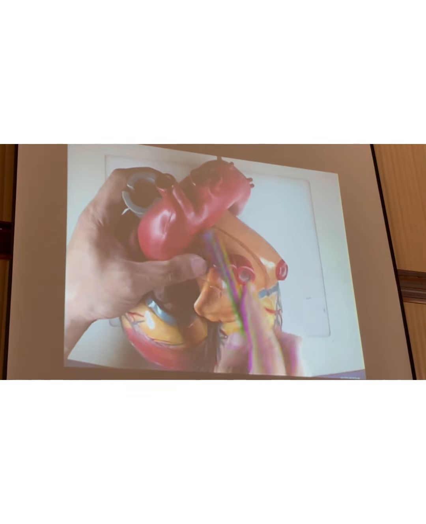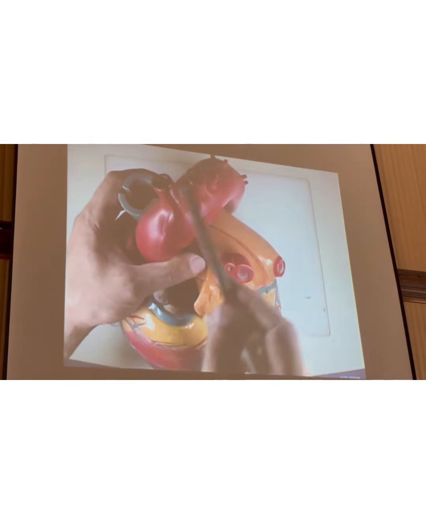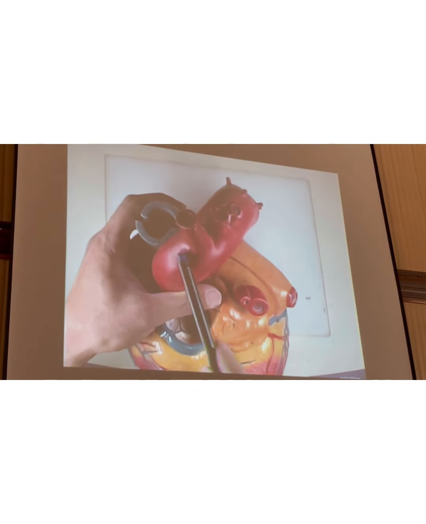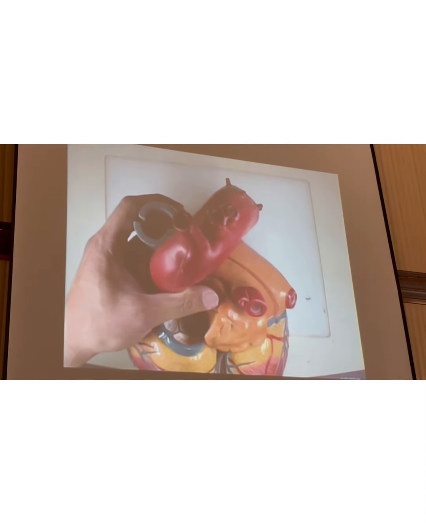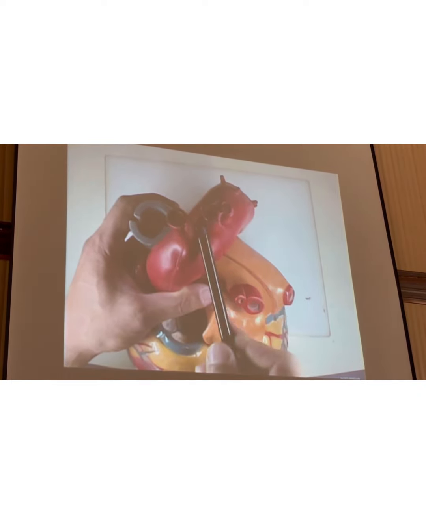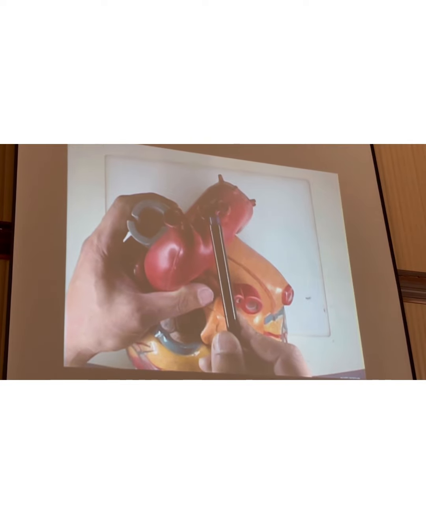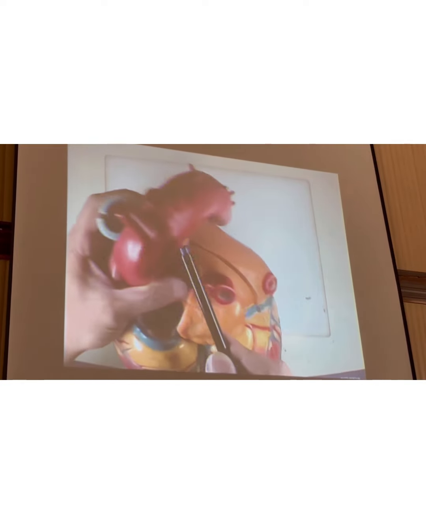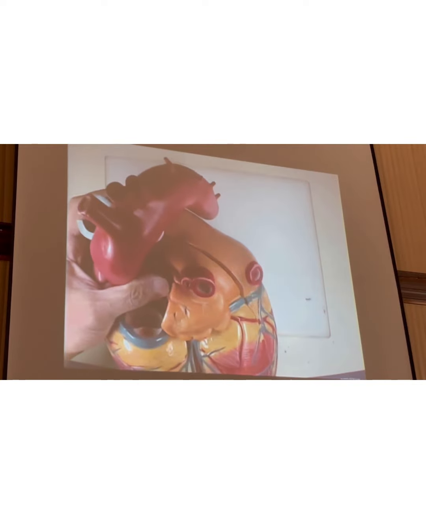The arch of the aorta gives 3 branches. Brachiocephalic trunk, which gives rise to the right subclavian and right common carotid, while the left common carotid and left subclavian arise directly from the arch of the aorta.